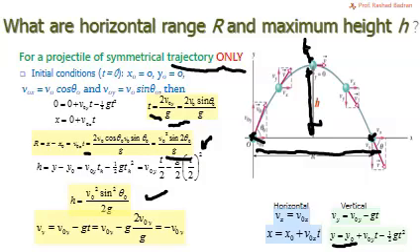Also we have to put some emphasis on this point, as we said before. Vy at the end can be justified and proved to be equal to minus V naught y by using this equation and substituting the value of t from here for the whole trip, and then we get V naught y in here.